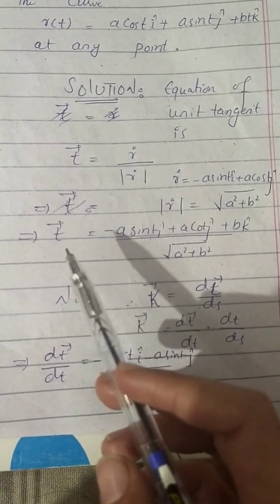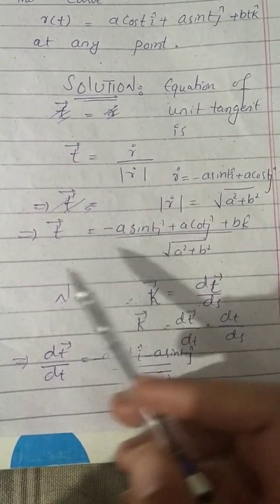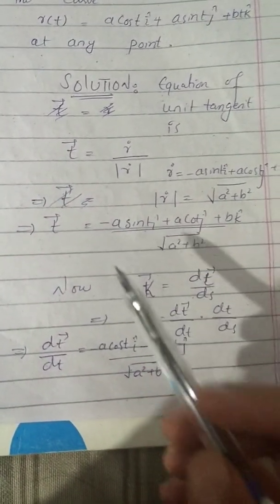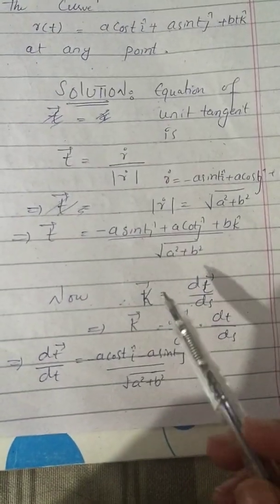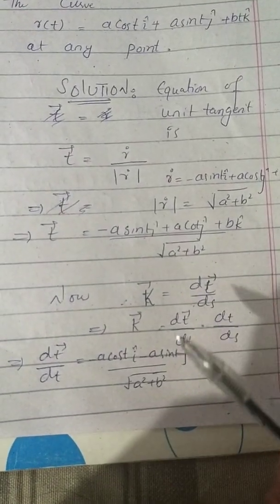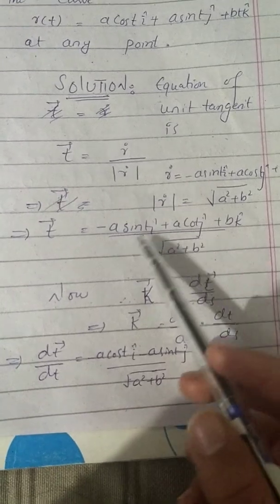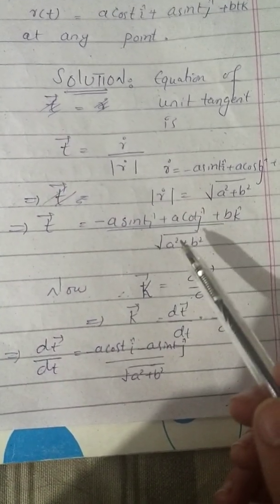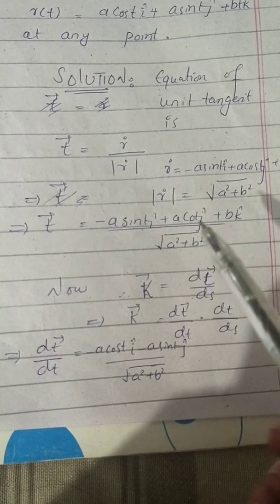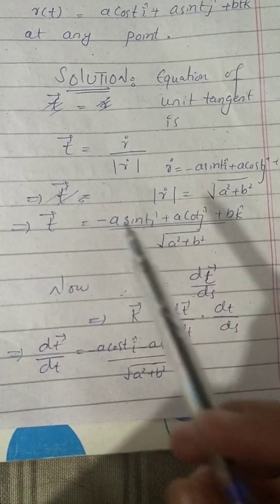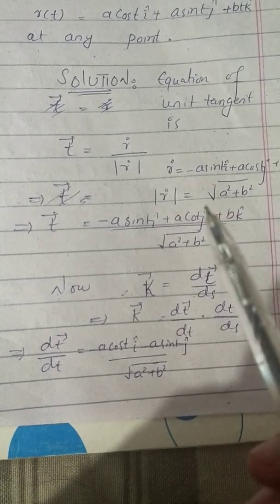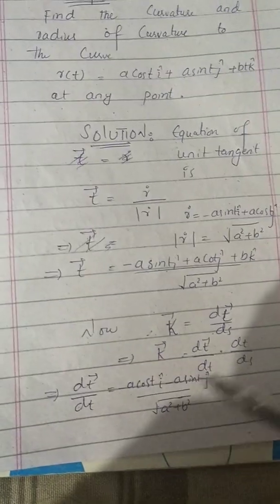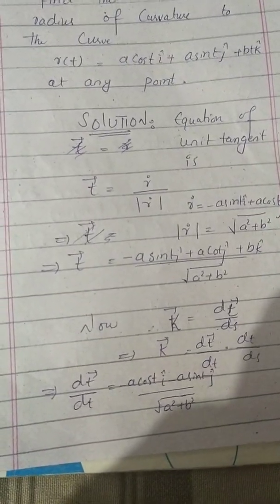So take the derivative with respect to t on this relation. Now, as you know about derivatives, the square root of a squared plus b squared is constant, so we don't take a derivative on it; we only take the derivative on the upper function, and here we get a result like this.